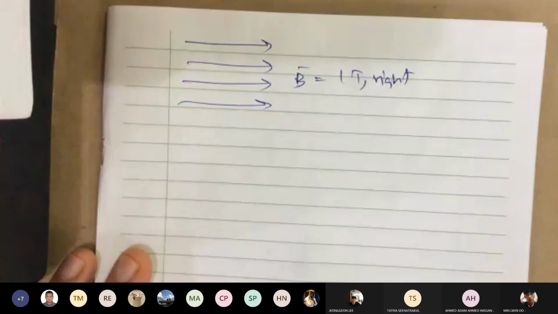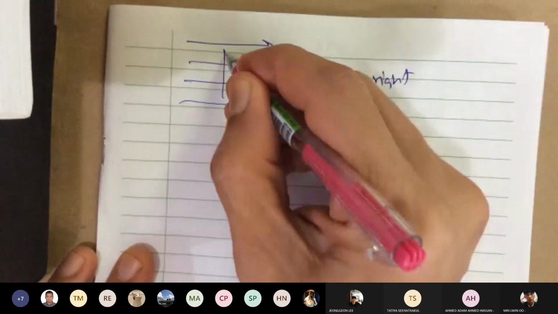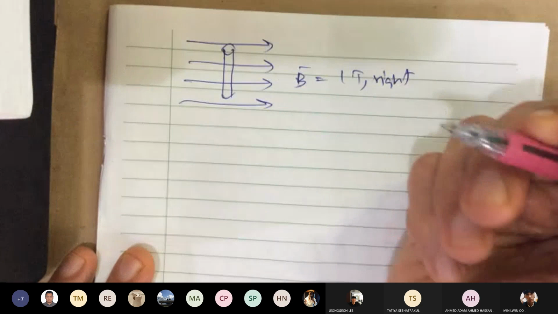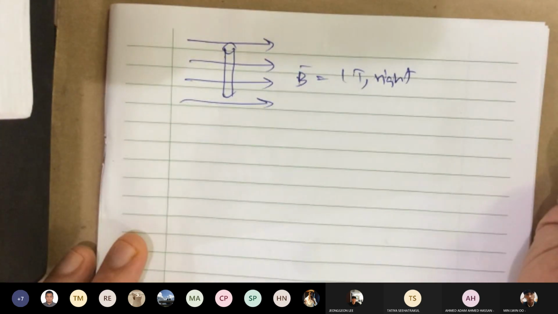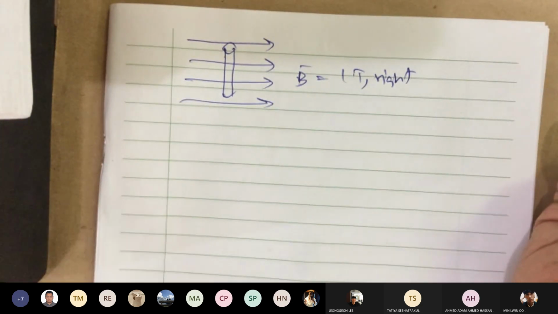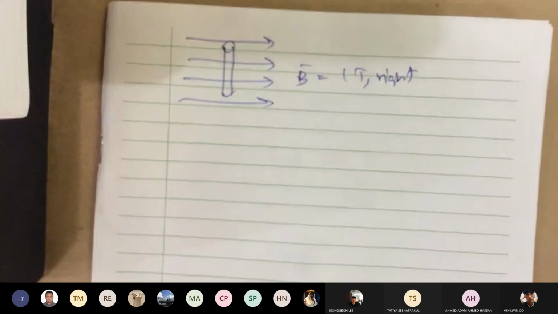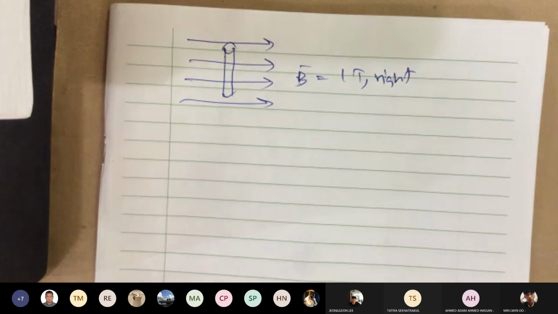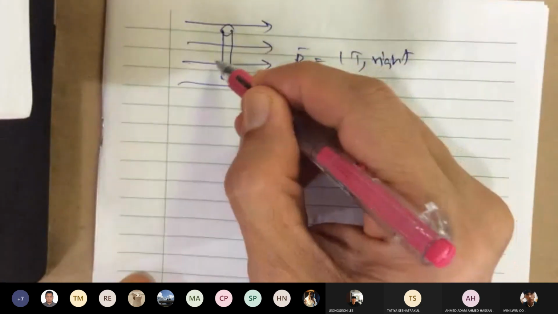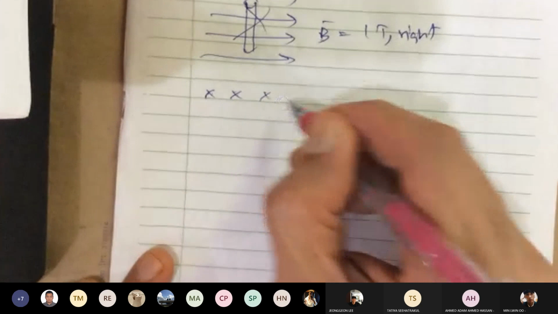And I have a conductor. Hang on a second, that's the same, right? Let's do it again. Sorry. Cancel that. Into page.